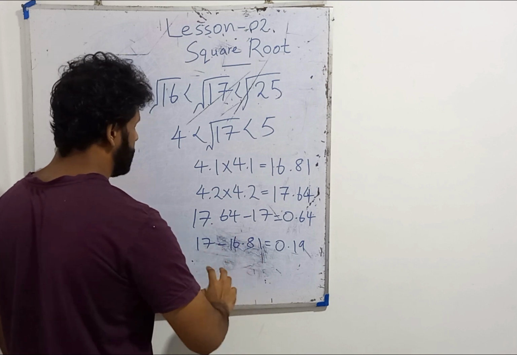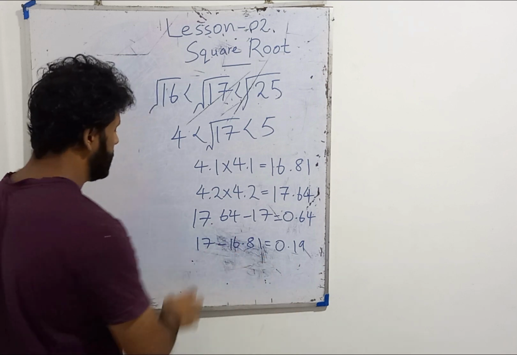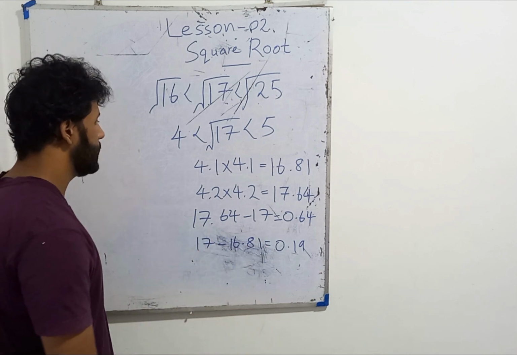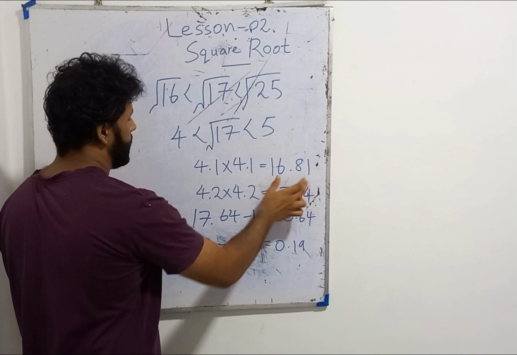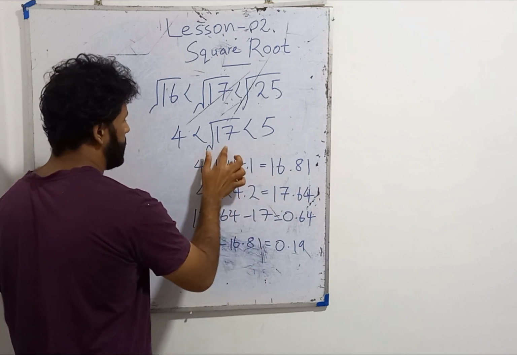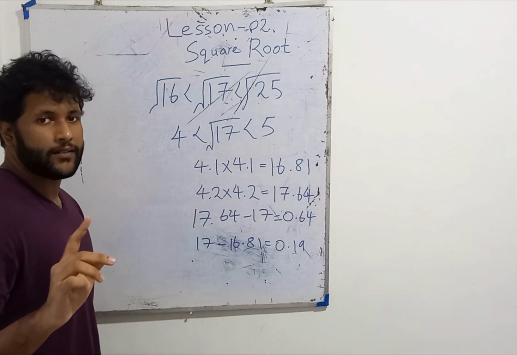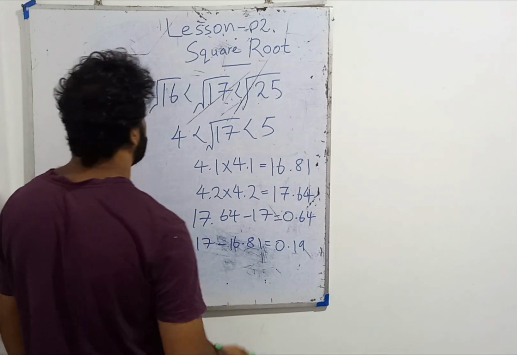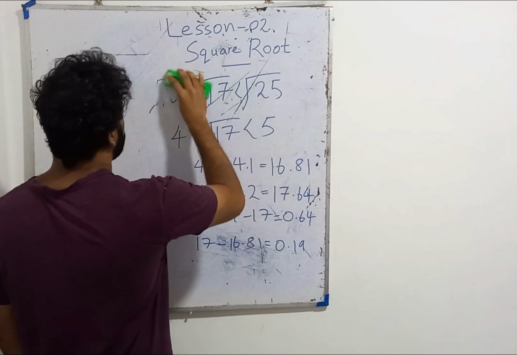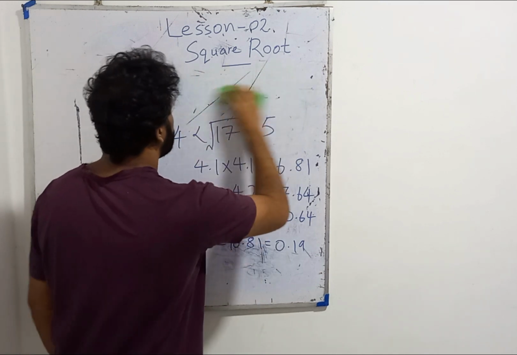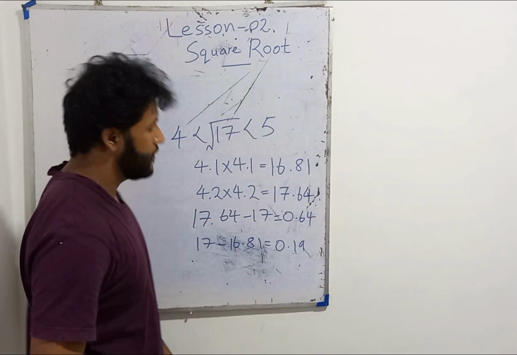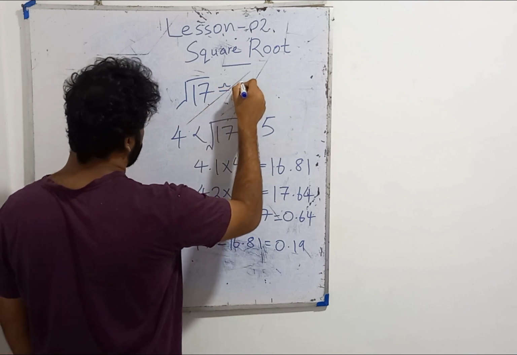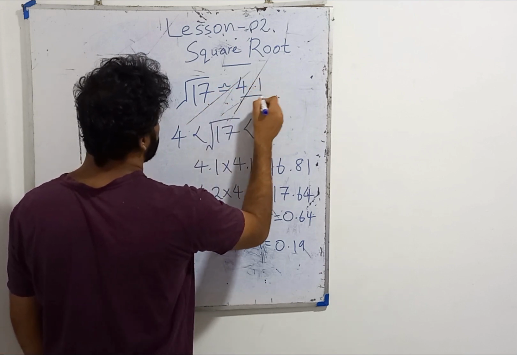So now you can see 16.81 is actually closer to 17 than 17.64, so we have to consider 16.81. The first approximation of the square root of 17 is going to be 4.1.